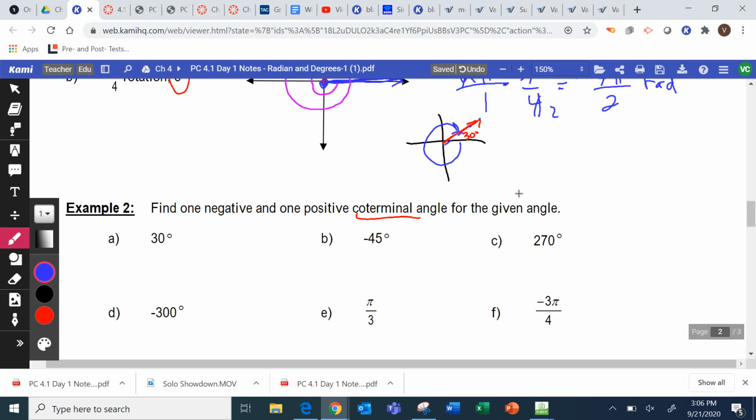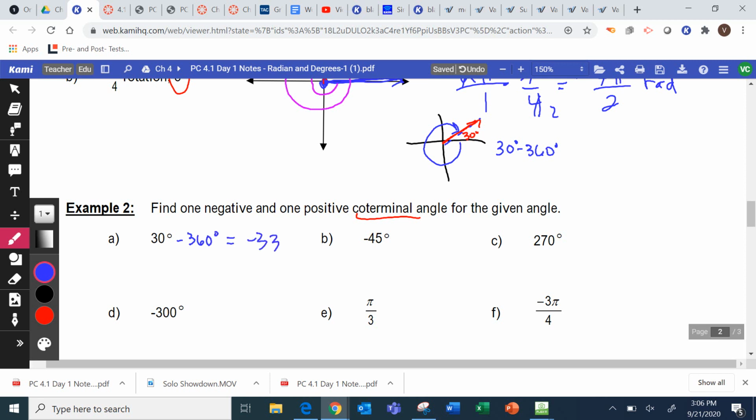I figure that out by taking 30 and subtracting 360. So to find the negative, we take 30 minus 360, so negative 330.